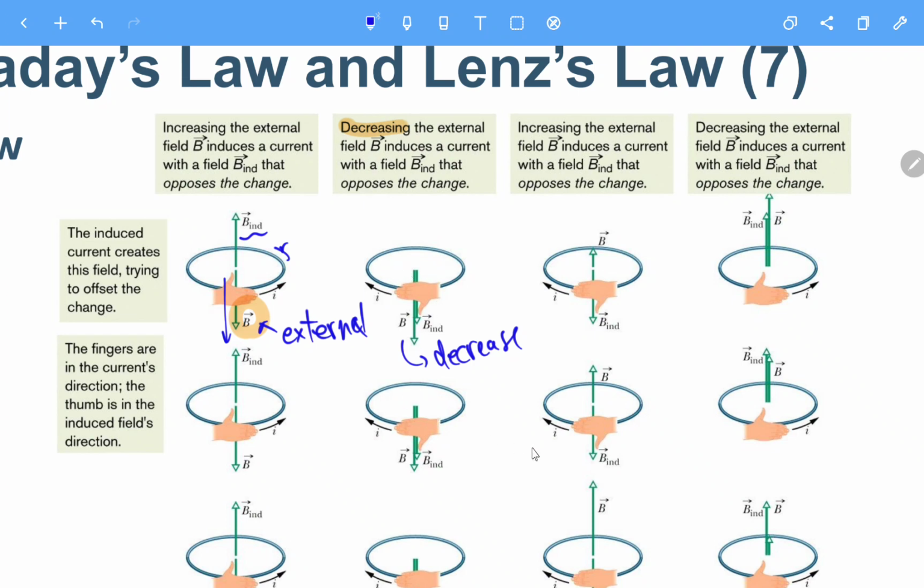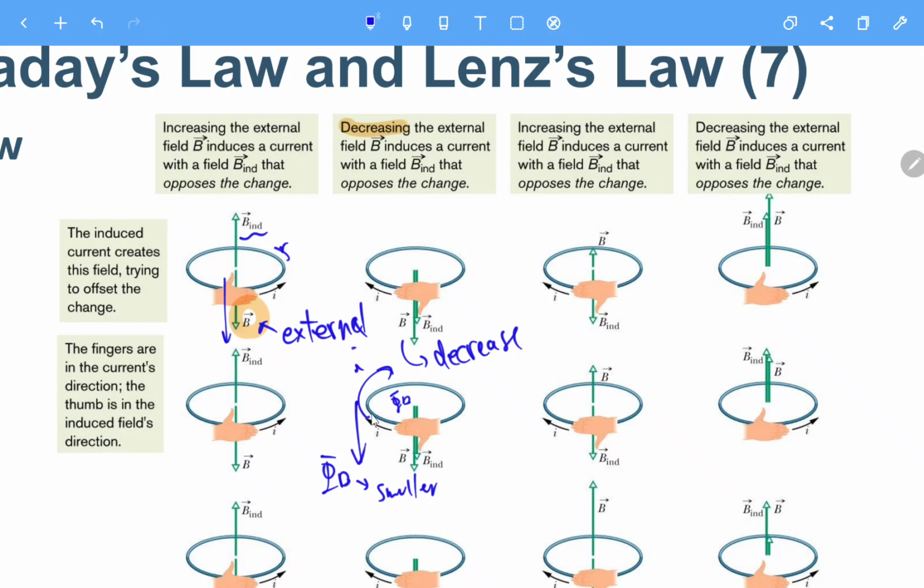The loop feels that the magnetic flux is becoming smaller, so it tries to generate a B induced pointing downward to compensate this change. Using the right hand rule, your thumb pointing downward, your forefinger will be in this direction.